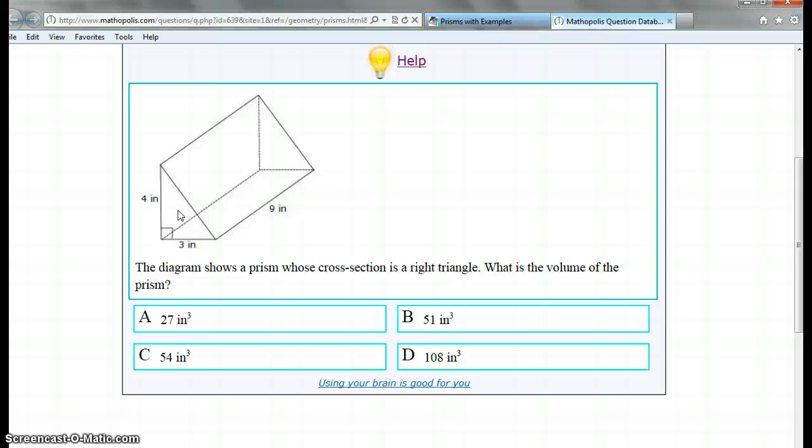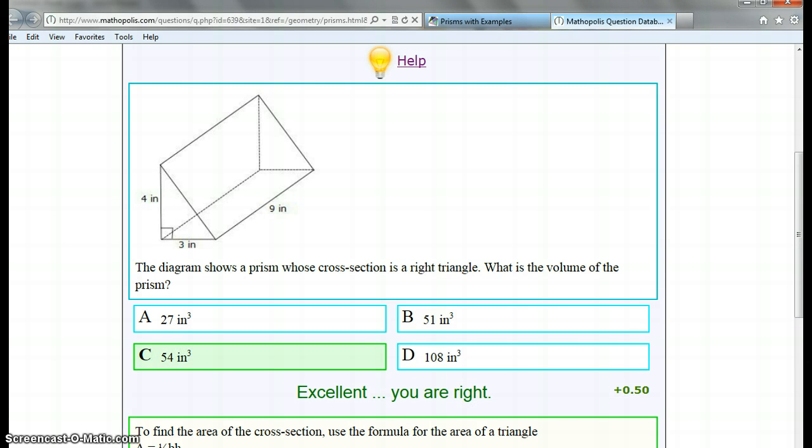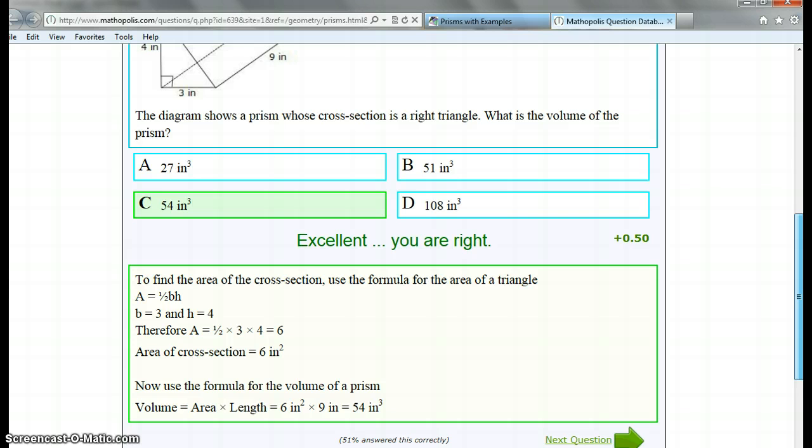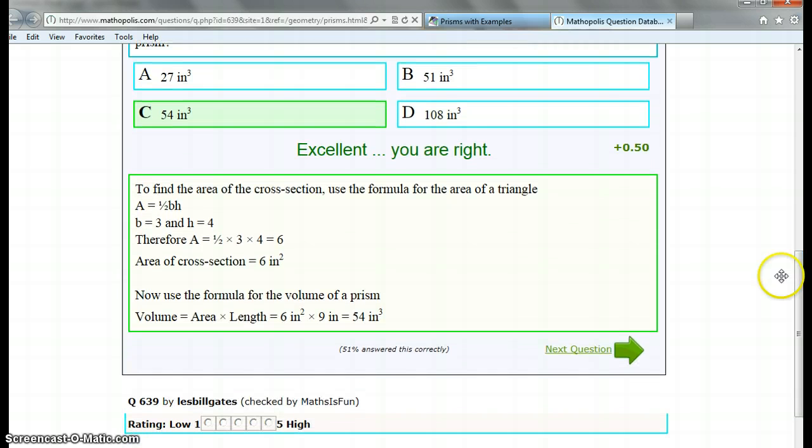What do we have to times that by to get the volume? 9. So 6 nines? And it's inches cubed. Oh, aren't we clever? Okay, so then it shows you the calculation. Area of cross section is this, and then we go area of cross section times the length to get that. Next question.